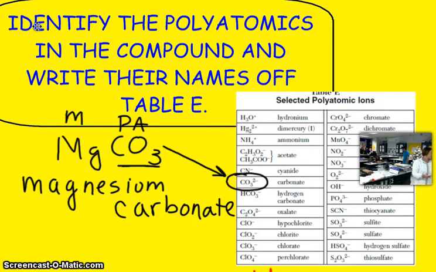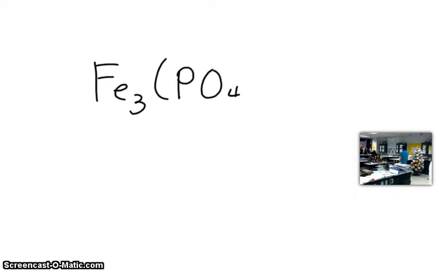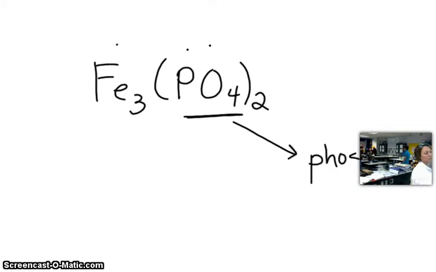Let's try the next one. It gets a little bit more confusing. We have Fe3(PO4)2. So there are 3 capital letters here. If you see 3, go to table E. What you should see on table E is this thing, which is called phosphate.